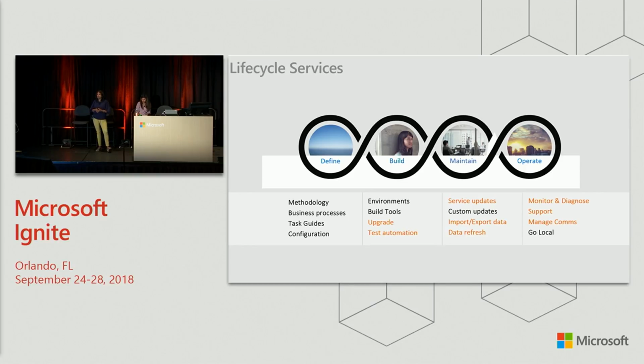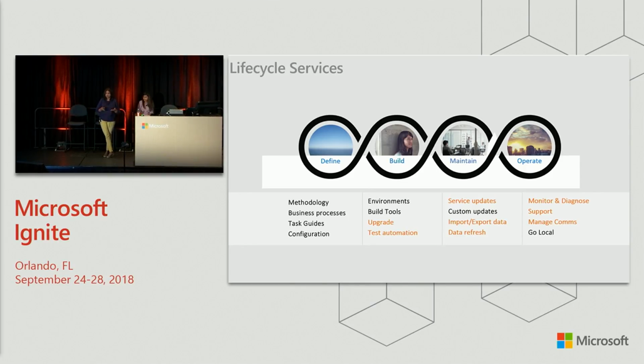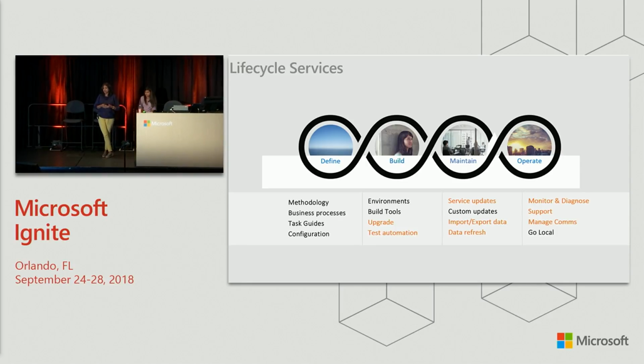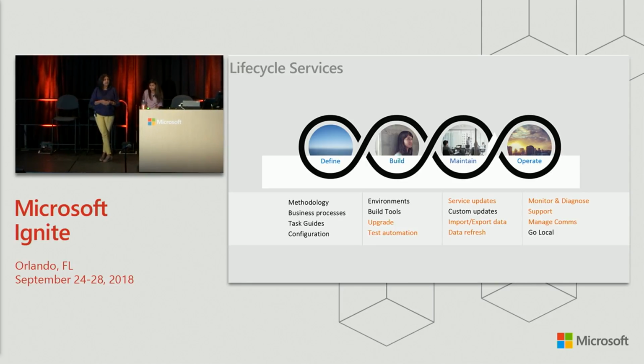Same thing with business process model, the BPM. We do ship standard out-of-the-box BPM, and you all go ahead and extend it. ISVs certainly create specific BPMs that cover their business processes, and that is something that we continue to support.